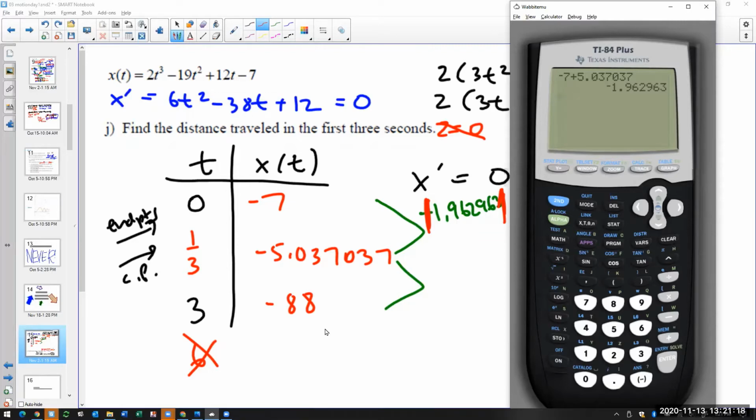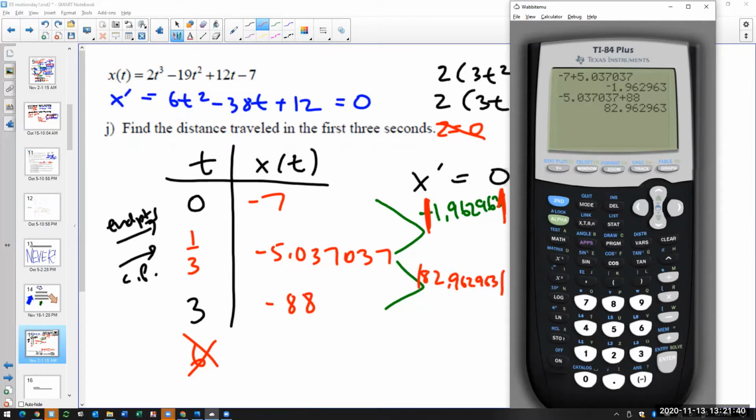So that's going to be negative 5.037037 minus negative 88, which is plus 88. So I get 82.962963. I just want the absolute value of that. It's already positive.